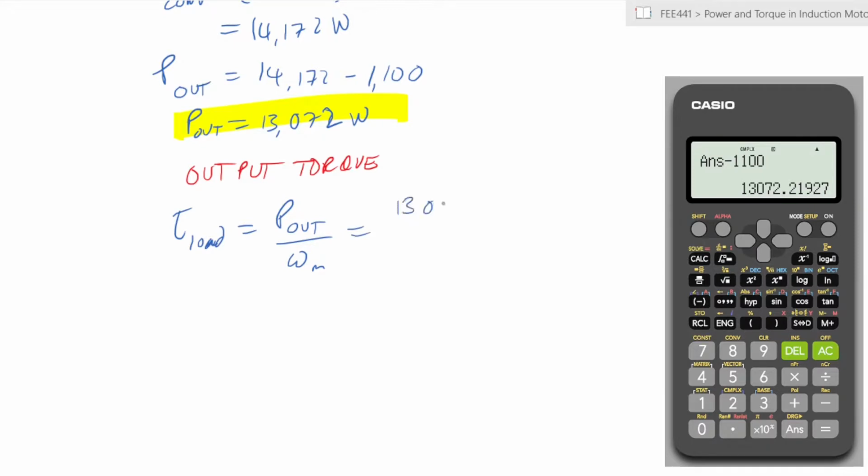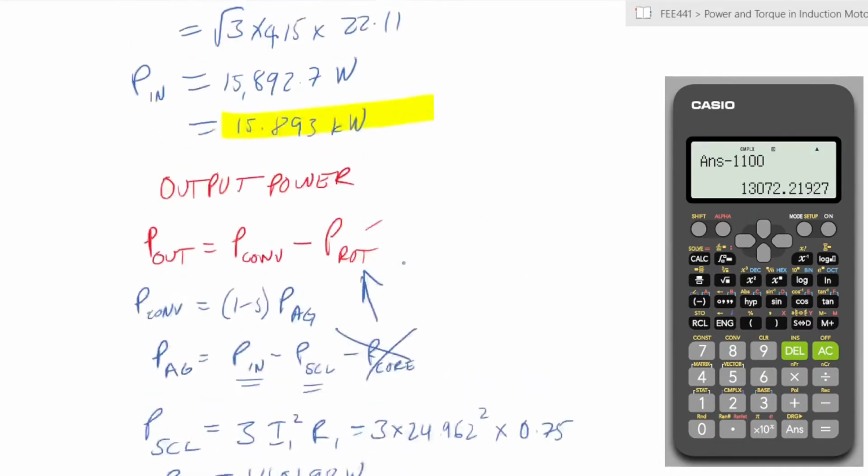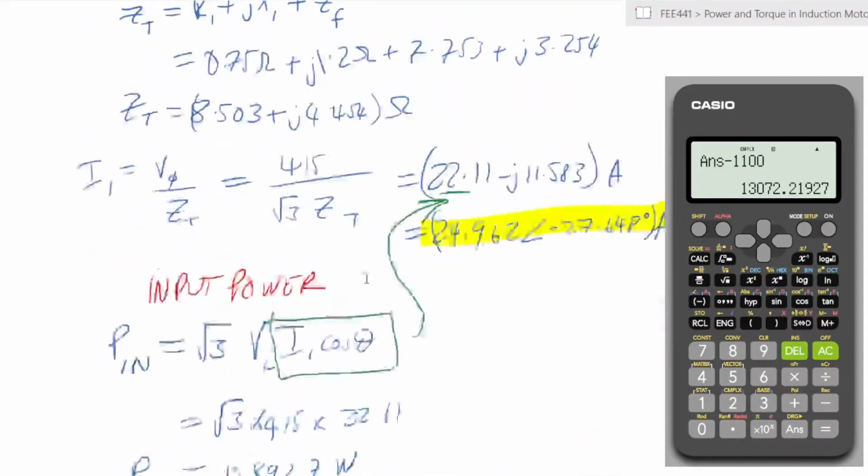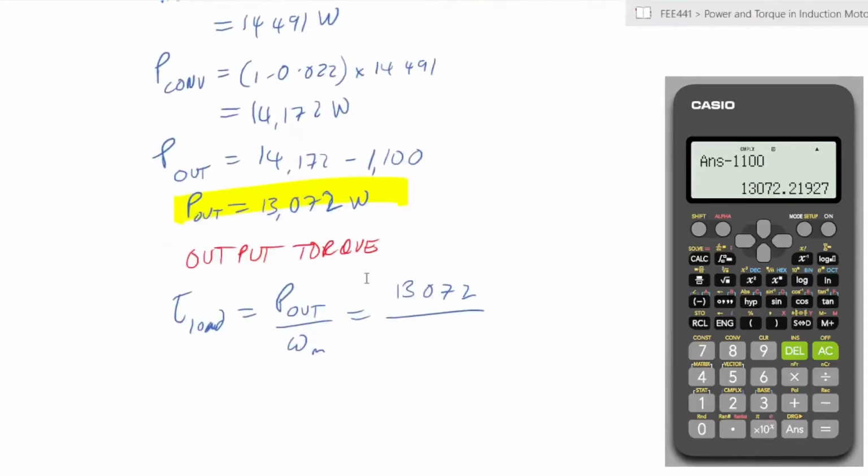That gives us 13,072 over the mechanical speed we had calculated up here, which was 153.62.